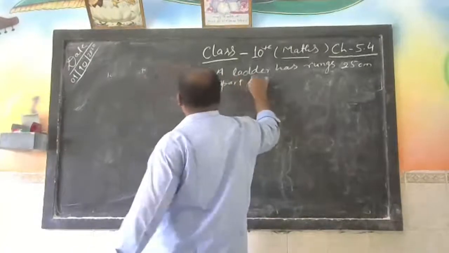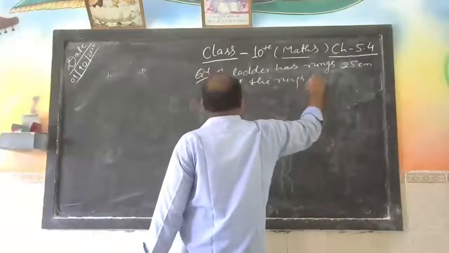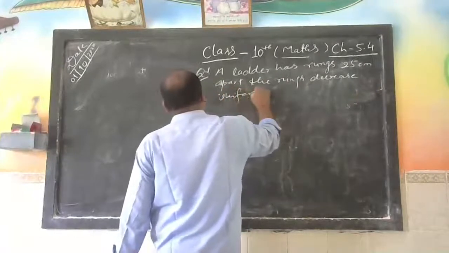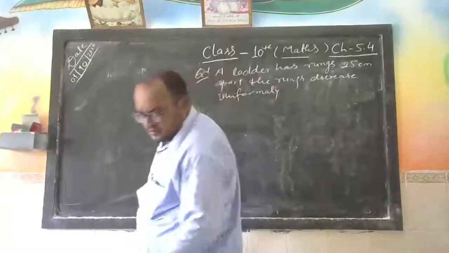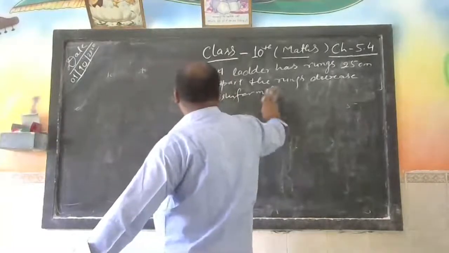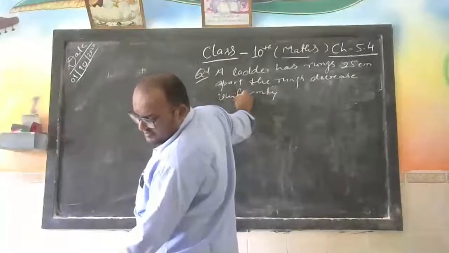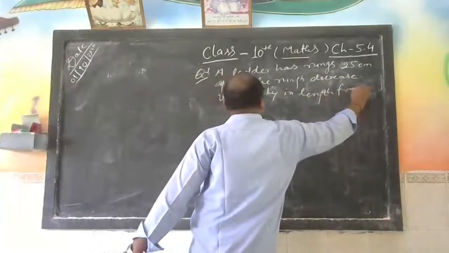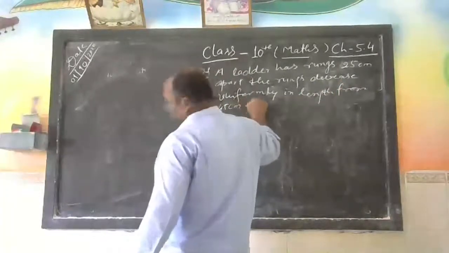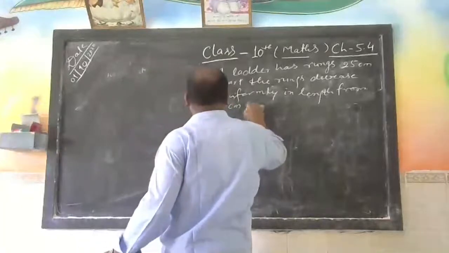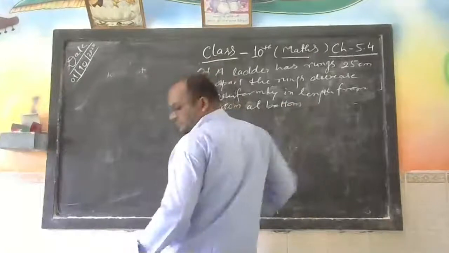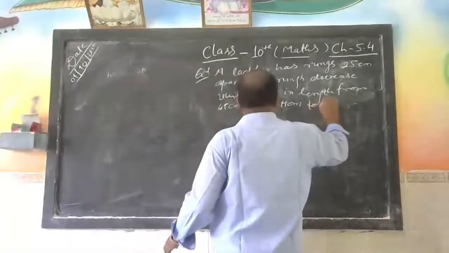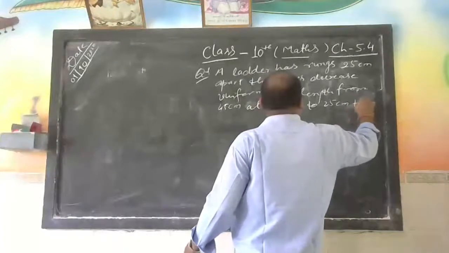The rungs decrease uniformly in length from 45 centimeter at bottom to 25 centimeter at top.